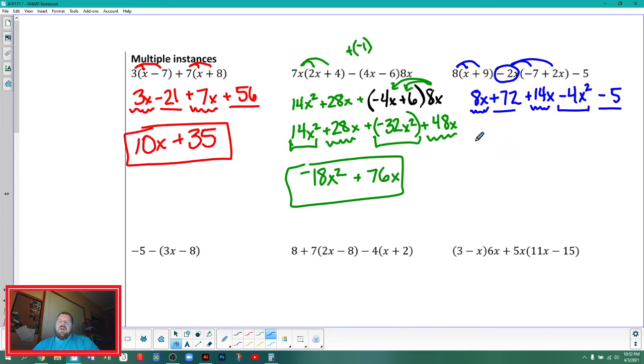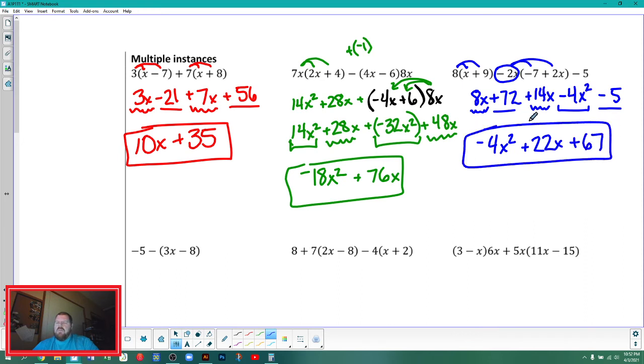I'll deal with my x squareds first. That's just going to be written as a -4x squared. I have an 8x and a 14x. That's going to be 22x's. And I have a 72 minus 5, so that's plus 67. And there we go.